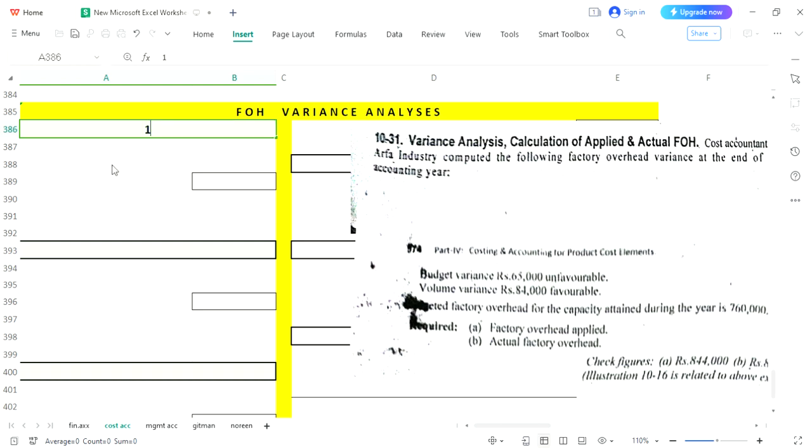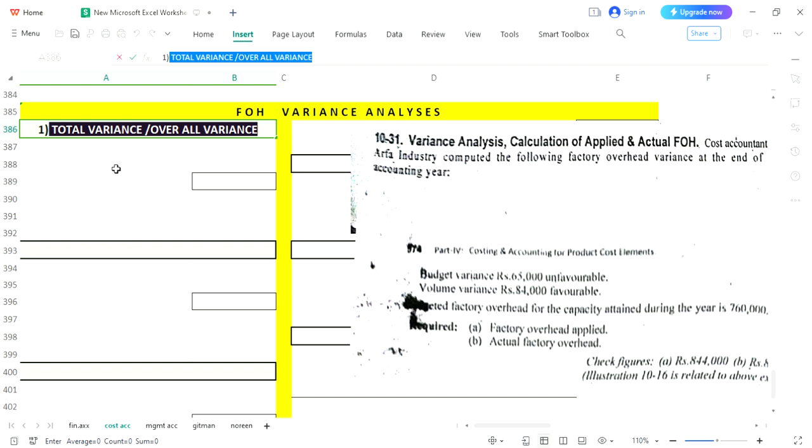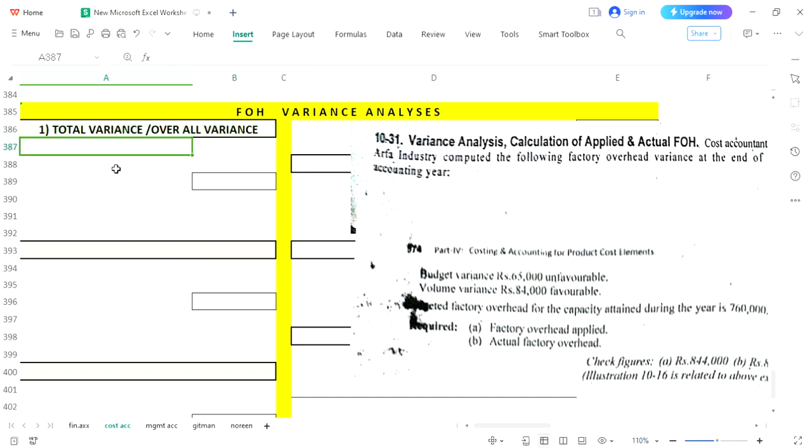Total or overall variance is calculated by taking the difference of actual FH and applied FH, subtracting actual and applied. Then you conclude by focusing upon applied.